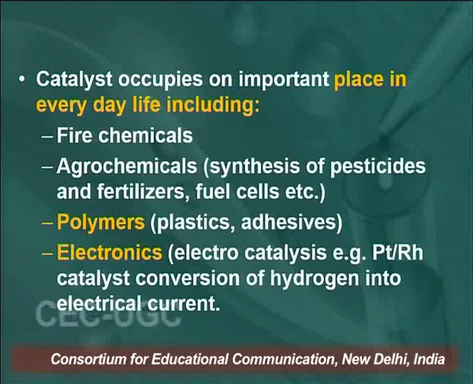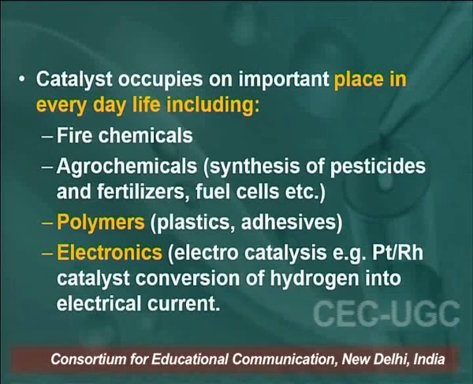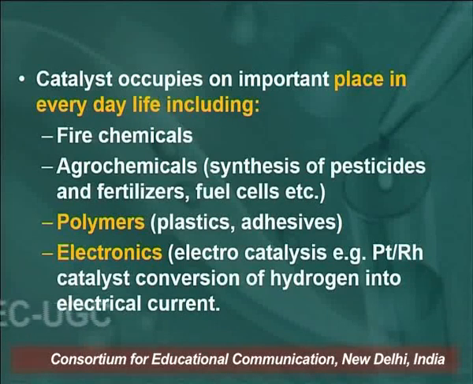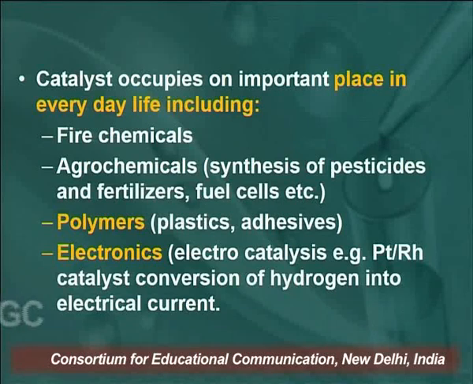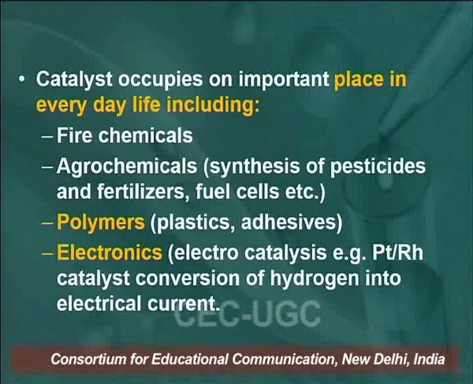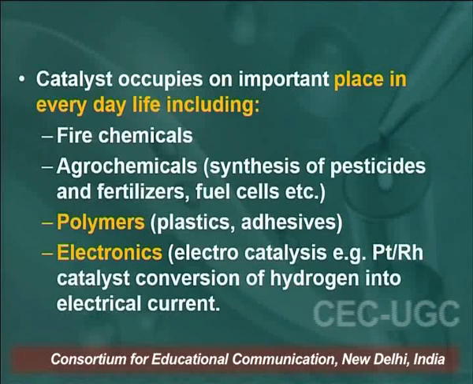So we use the catalyst in the synthesis of pesticides, fertilizers, fuel cells, etc. Also important in polymers, for example plastics and adhesives. So in the industrial preparation of plastics and adhesives, industries use catalyst.